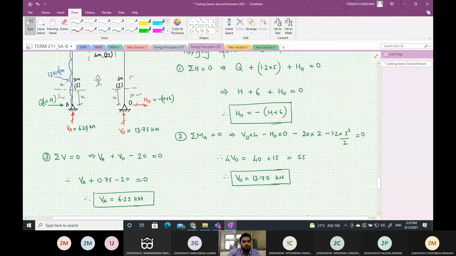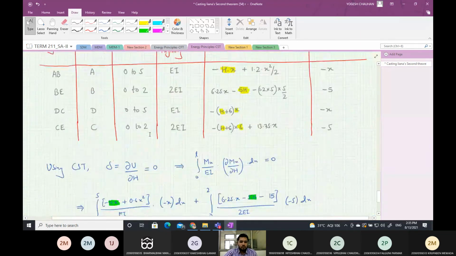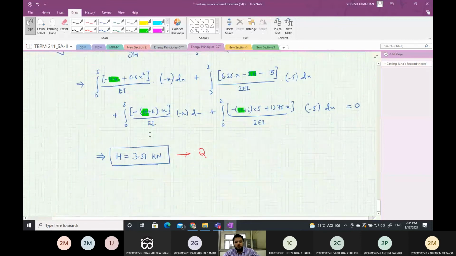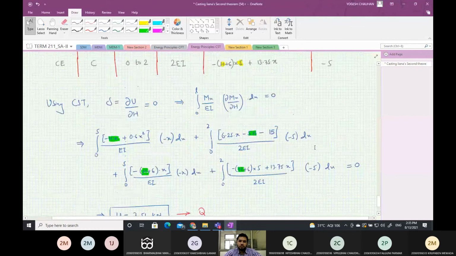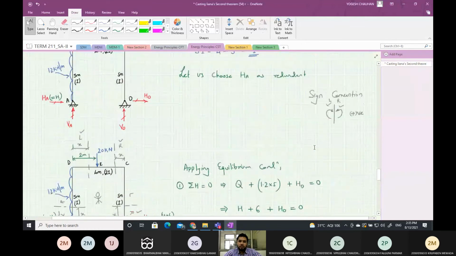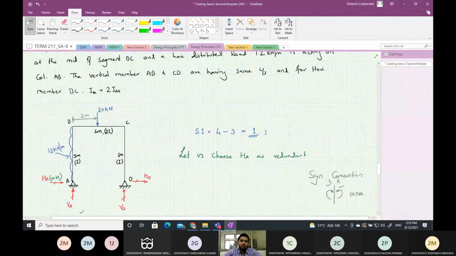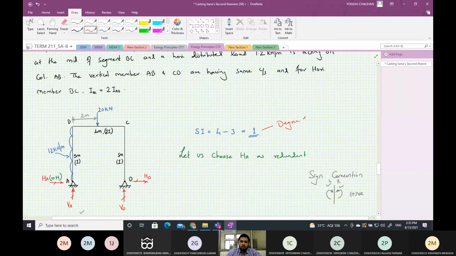So VA will be 6.25 and this will be 13.75. So this is how you can solve indeterminate frames using Castigliano's second theorem. Here we have solved an example having degree of static indeterminacy 1.